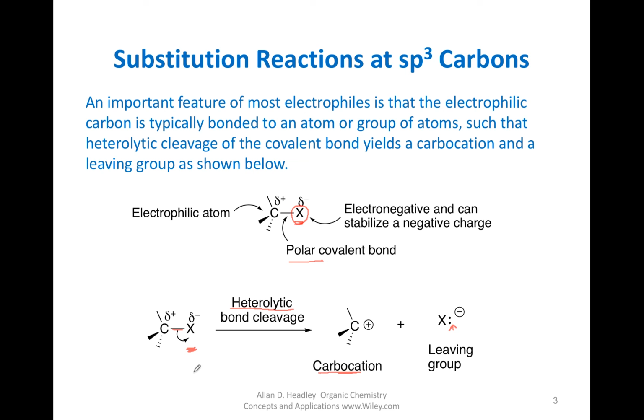So let me do that again. We have a molecule like this, where this is the electrophilic atom and this is the electronegative atom, such as bromine or a halogen. It's possible for this bond to break.